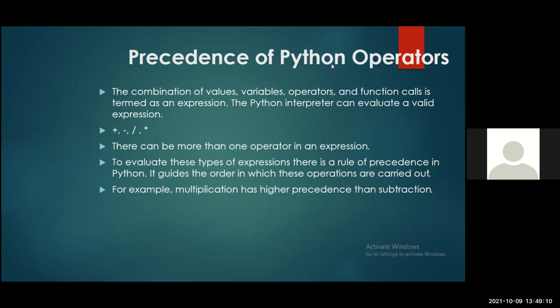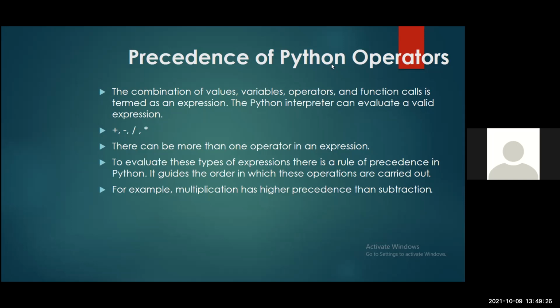There can be more than one operator in an expression. The rule of precedence is a guiding rule that tells you which operator should be done first in case you have a combination of multiple operators in one expression.